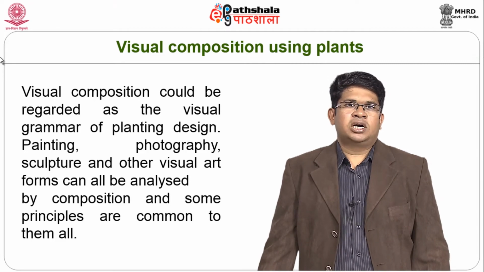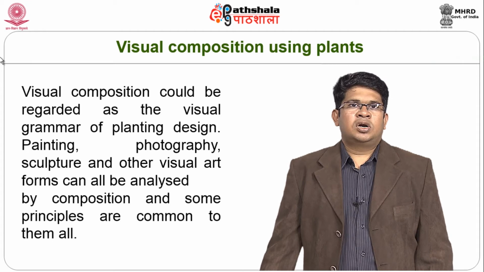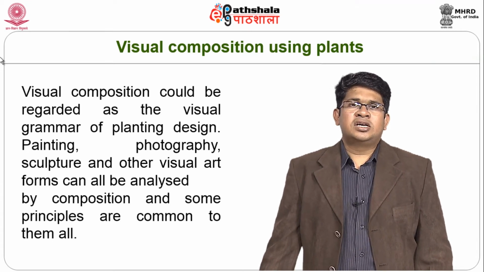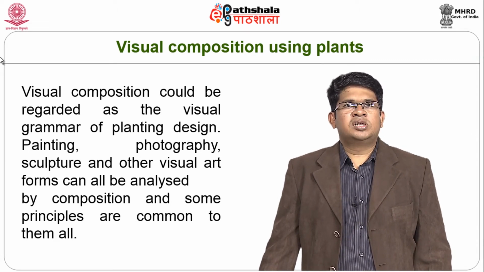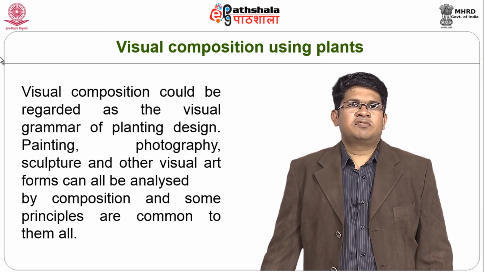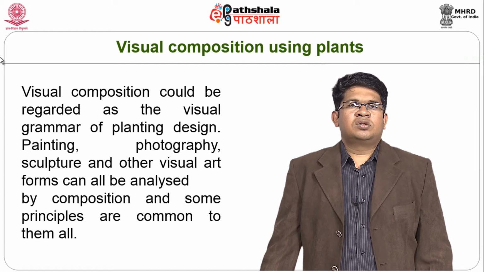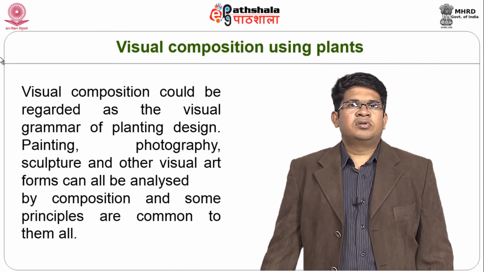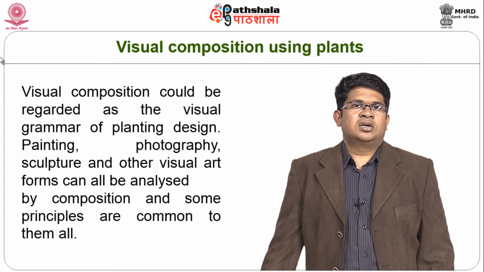Where to place a plant, how to place, what comes in front, what comes at the back, what are the components of the foreground, the background, the contrasting colors, the contrasting textures, and there are a lot of different elements, a lot of different plant materials that we have. Each of them has its own unique structure, and also each of them has its own unique growth habits and flowering habits. So, they differ in a lot of ways.